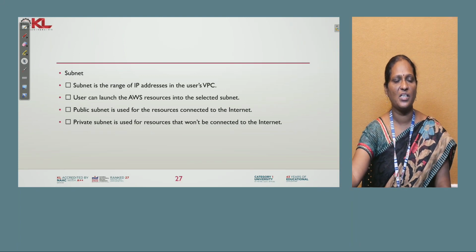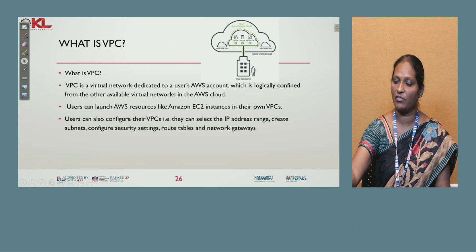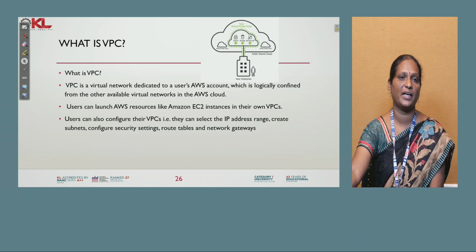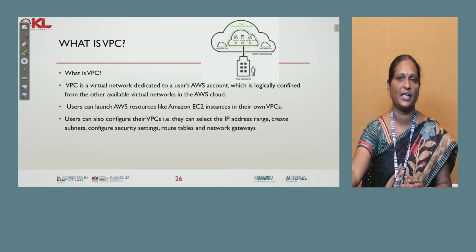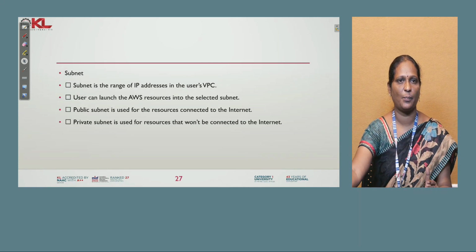The main components in VPC are subnets. The entire VPC in the cloud can be divided into subnets. Just like how we construct a building, a VPC is also constructed like that: the entire space is divided into rooms. Here also the entire cloud space assigned to you is divided into partitions, which are called subnets.